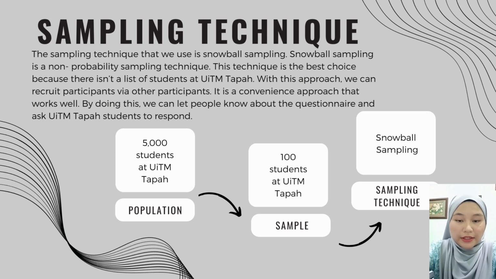It is a convenient approach that works well. By doing this, we can let people know about the questionnaire and ask UiTM Tapah students to respond. The population is 5,000 students at UiTM Tapah, and the sample is 100 students. The sampling technique is snowball sampling.